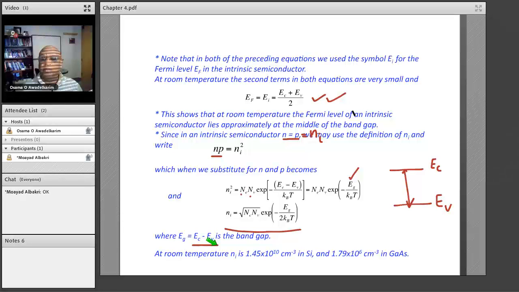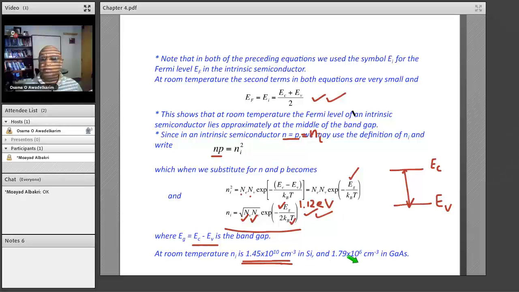At room temperature for silicon, we can calculate Nc and Nv. At room temperature, we have T equals 300. We know for silicon the band gap is 1.12 electron volts. So if we substitute for room temperature, we see that the free carrier concentration, Ni, is equal to 1.45 times 10 to the 10 per cubic centimeter.